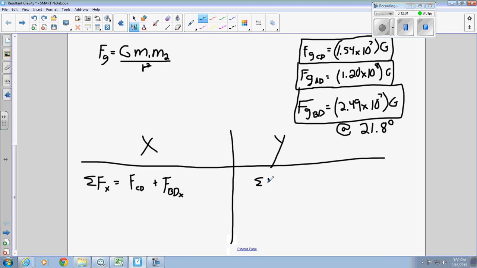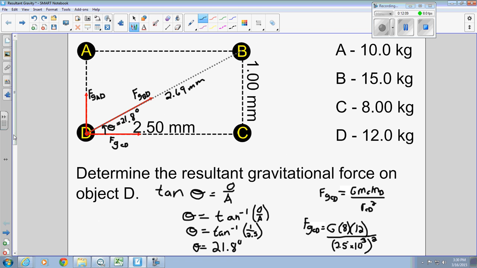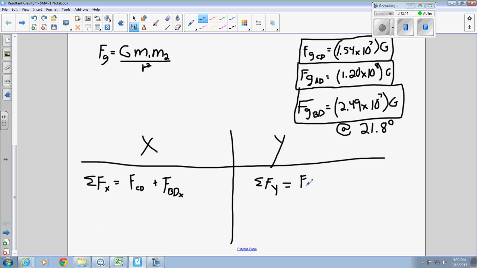And the sum of forces in the y direction, we've got the force of A acting on D, that's in the positive y direction, so we've got force A D, and we've got force of gravity from B to D in the y direction.